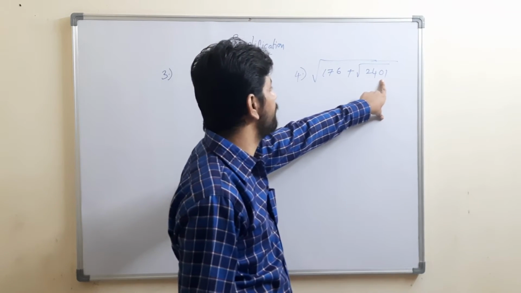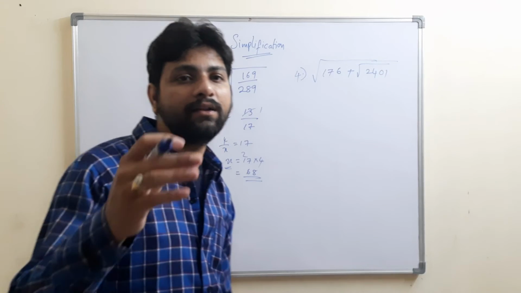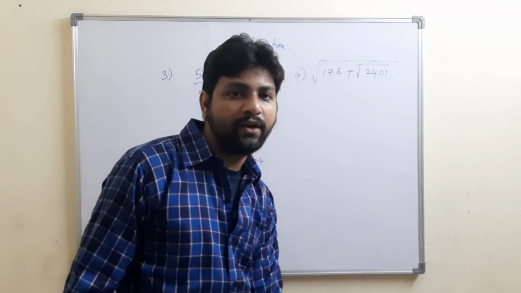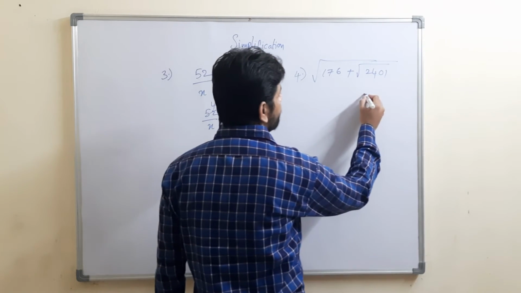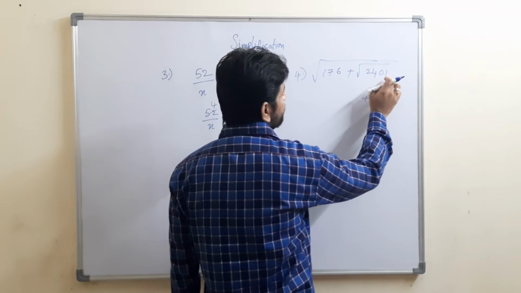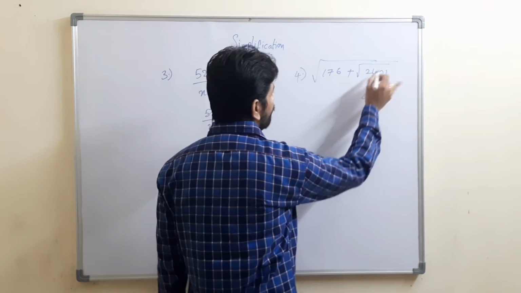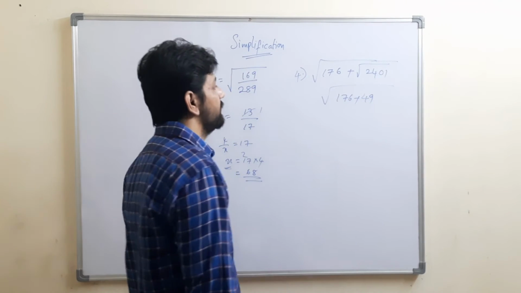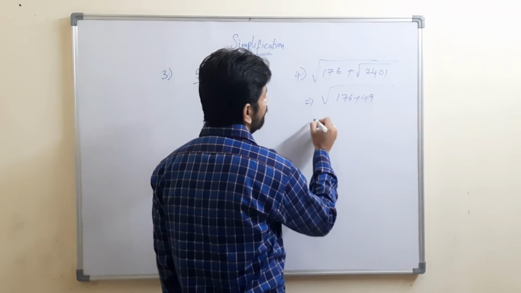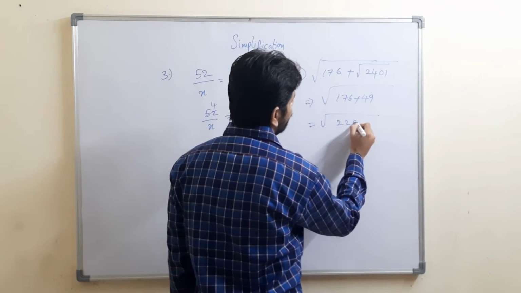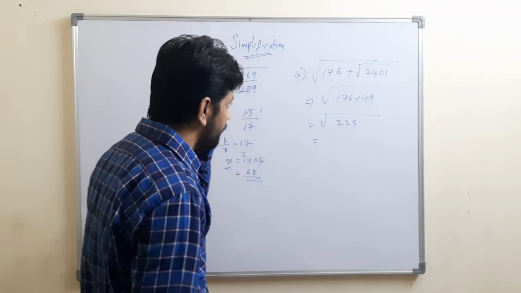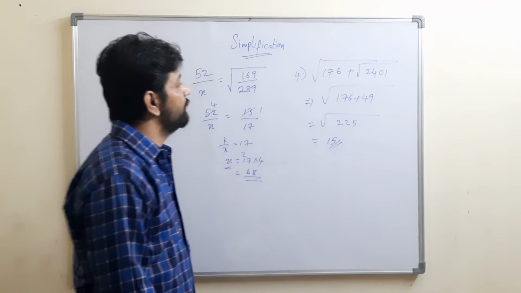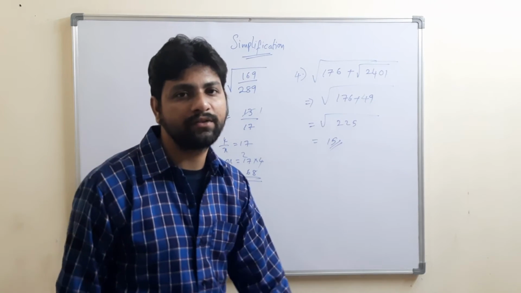It is difficult to find. You have to memorize all the squares from 1 to 50, then you will remember. The square root of 2401 is 49. Now 176 plus 49 is 225, and the square root of 225 is 15. So 15 is the answer.